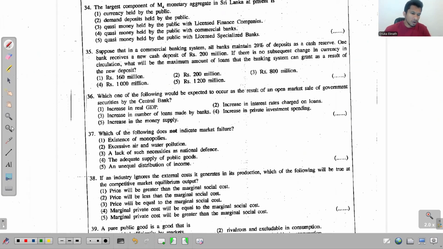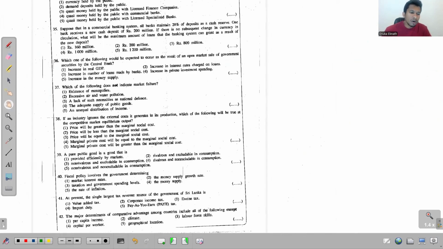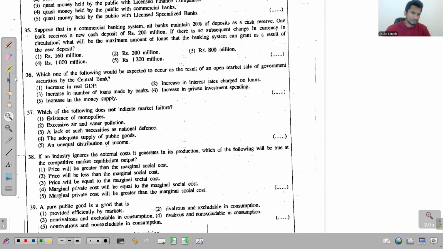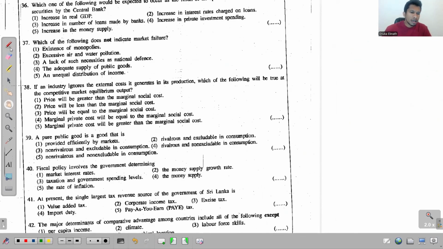All right. So this is somewhat easy. We all know that this social cost is the total of private cost and external cost, right? So let me write here, social cost equals private cost plus external cost.